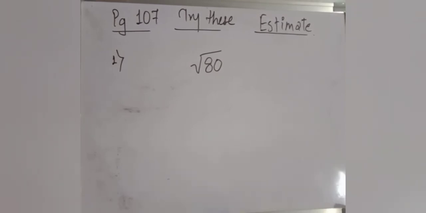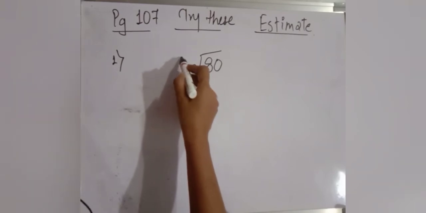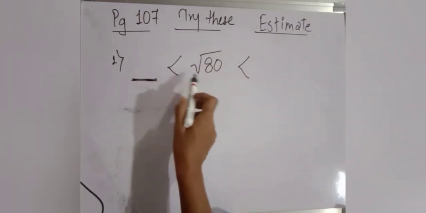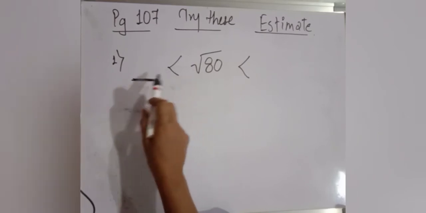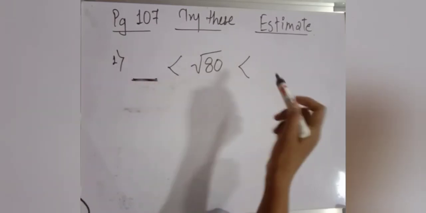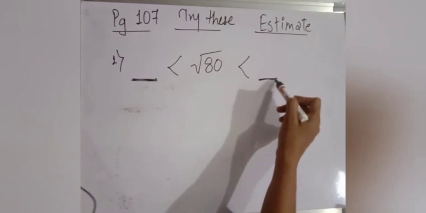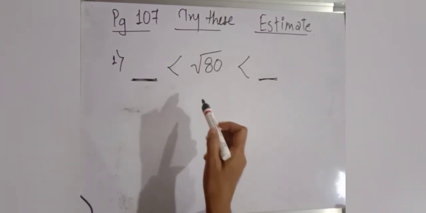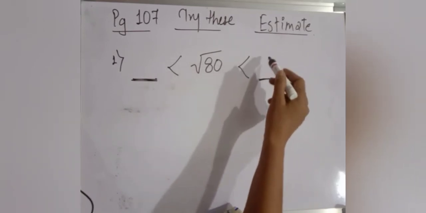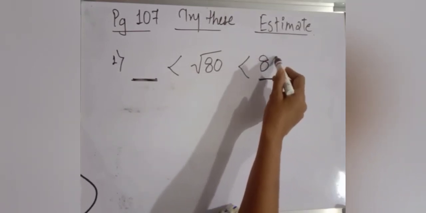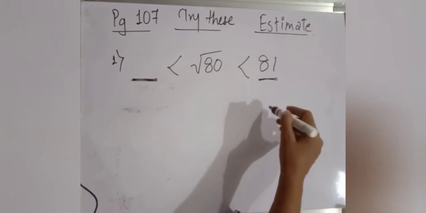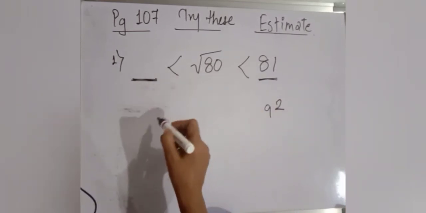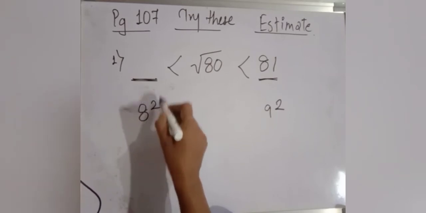Taking the square number which is less than 80, and the square number which is greater than 80. We can find out here: the greater number will be 81, which is the square of 9. And the number before that is 8 square, that is 64.